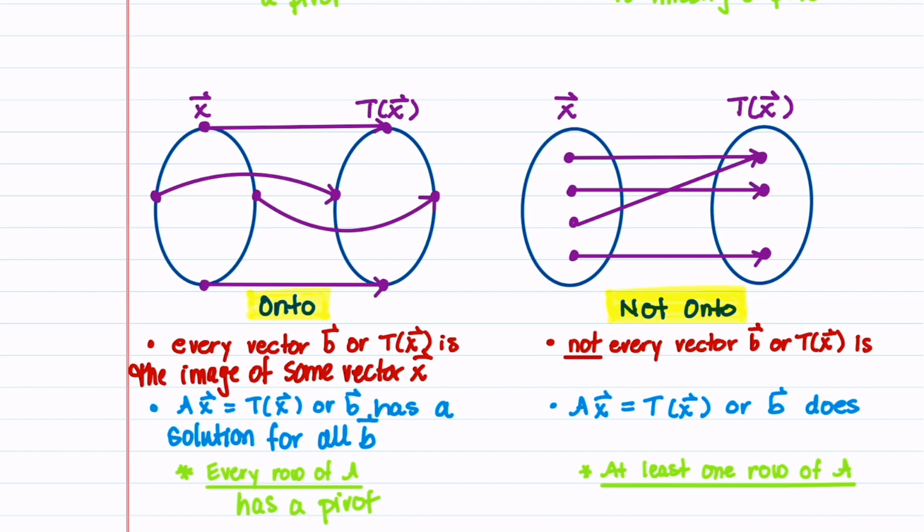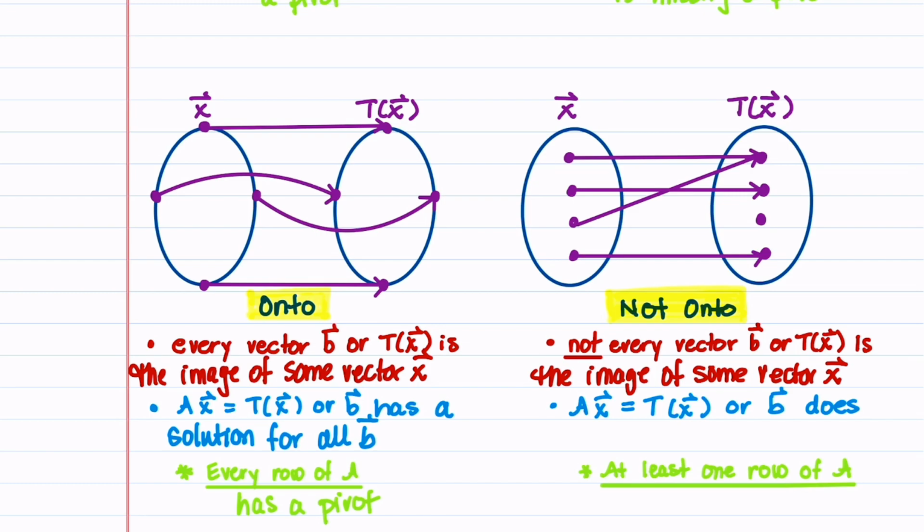Likewise, if our transformation is not onto, not every vector b or T of x is the image of some vector x. This means that we could have a vector b or T of x that is not the image of a vector x.